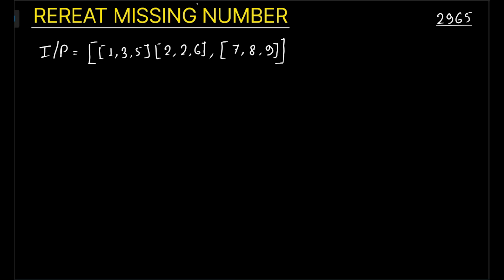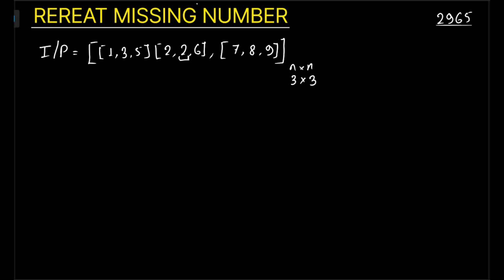This is an n cross n matrix, means 3 cross 3 matrix, and we have to tell what is the missing number in this 2D matrix. And here the missing number is 4. This is our missing number 4, and there is also repeating number 2.